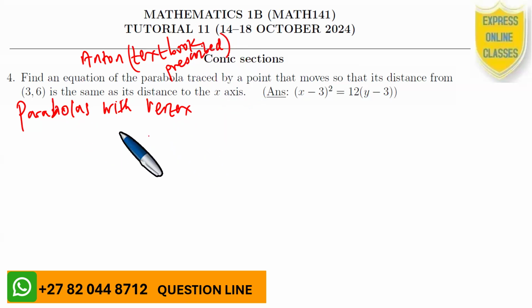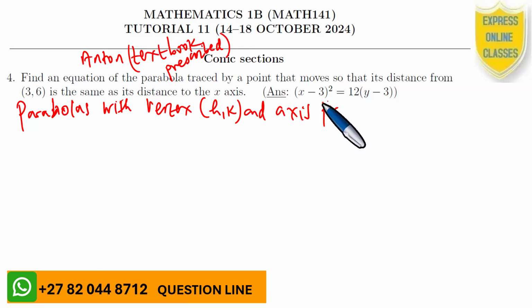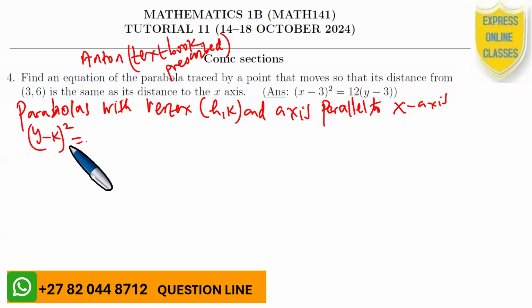So now, parabolas with vertex (h, k) and axis parallel to the x-axis, which is (y minus k) squared equals 4p(x minus h).